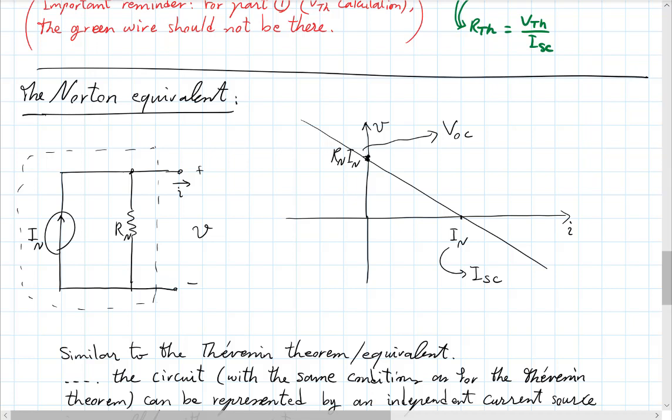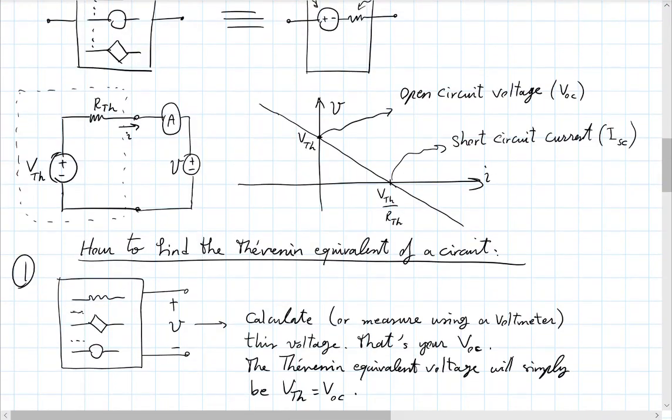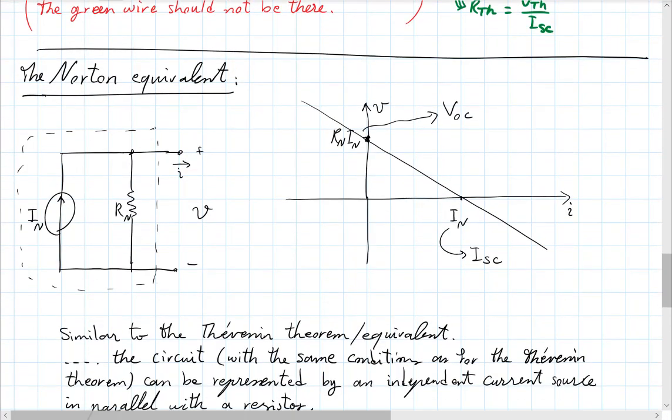The point on the horizontal axis in the Thevenin picture is the division of the Thevenin voltage by the resistance. In the Norton picture, it's just called I Norton.